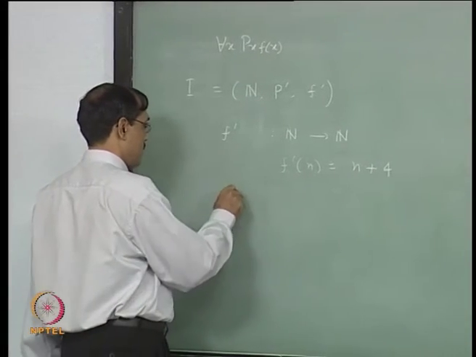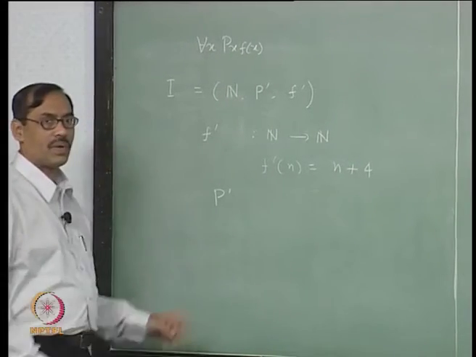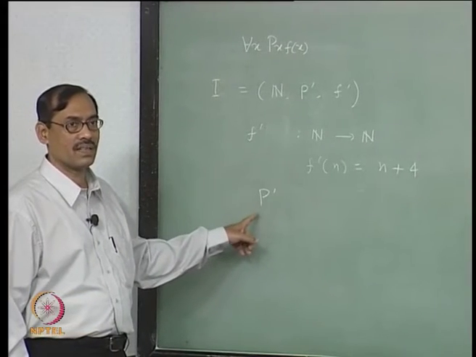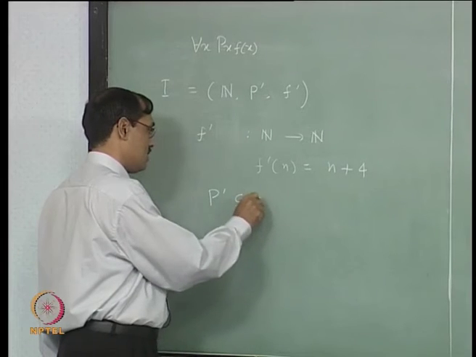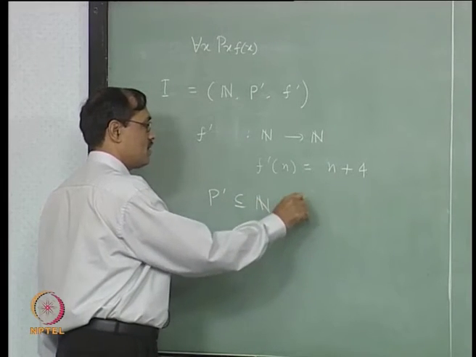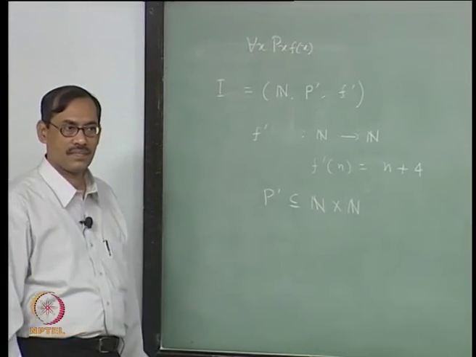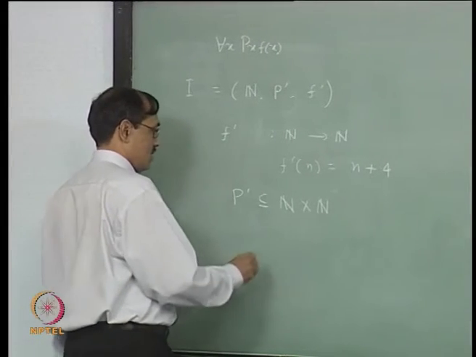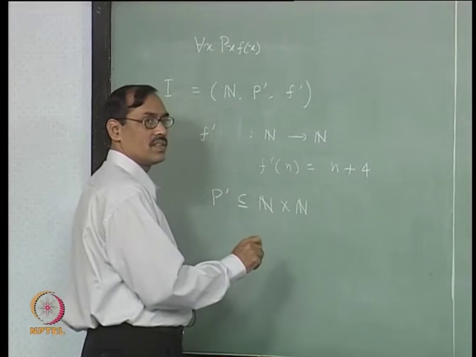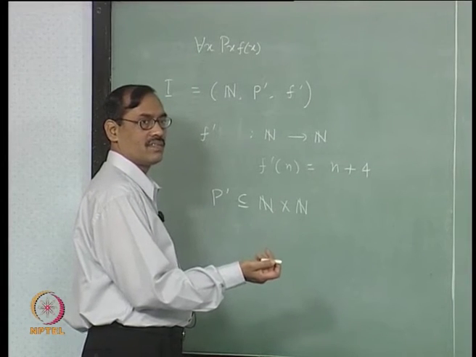And now what is this p prime? P prime has to be a binary relation on the natural numbers, right. So, it is a subset of N cross N. Which subset we have to tell it now, fine. So, which one we will take? Let us take say p prime is less than or equal to. Okay.